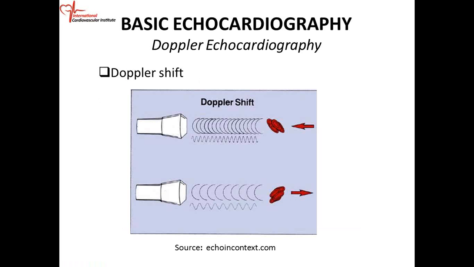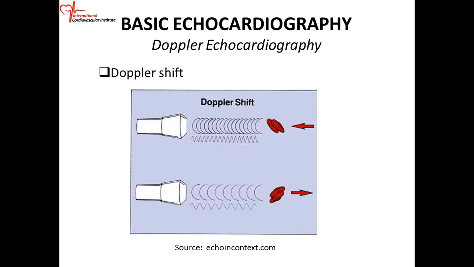Okay, so this animation depicts it a little bit clearer. If the blood is moving towards the transducer, we said that the perceived frequency increases, and you can see that if the frequency increases, then it bunches up.